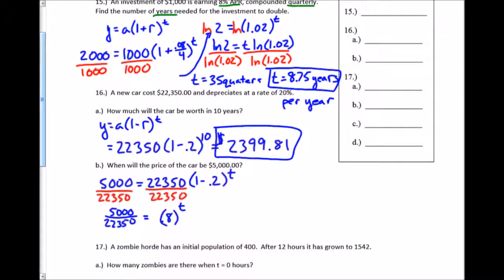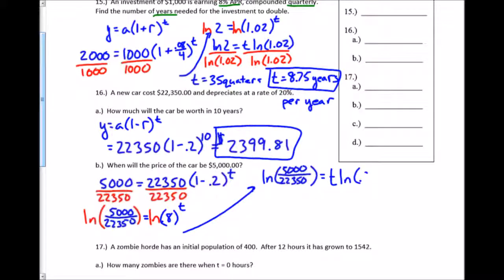And now I take the natural log of each side. And this is why I didn't bother reducing it. I'm just going to be punching that into a logarithm anyway. That allows me to bring the t out front, so I have the natural log of 5,000 over the 22,350 equals t times the natural log of 0.8. And now I divide by that logarithm.